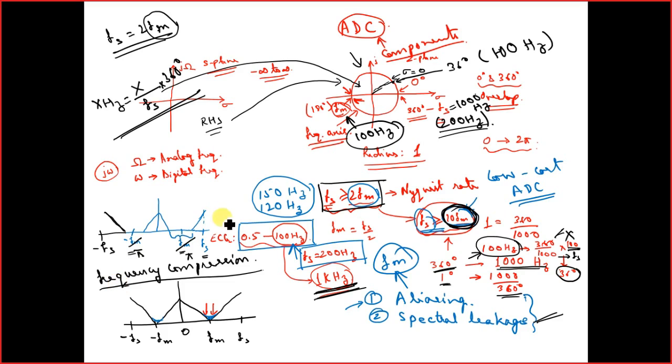Now if you see, there are certain unoccupied frequencies in the positive domain. Our maximum frequency was 100 hertz. All these other frequencies will remain unutilized if we sample the signal at 1000 hertz.